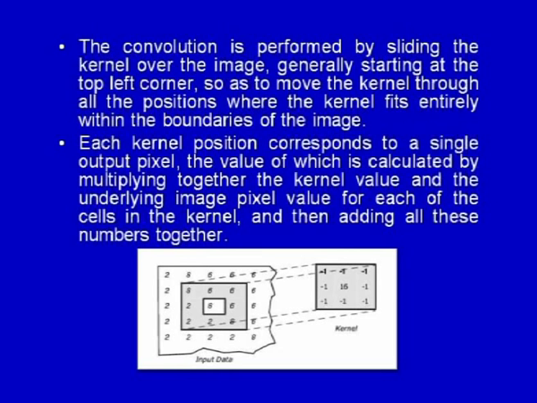Each kernel position corresponds to a single output pixel, the value of which is calculated by multiplying together the kernel value and the underlying image pixel value for each of the cells in the kernel, and then adding all these numbers together.